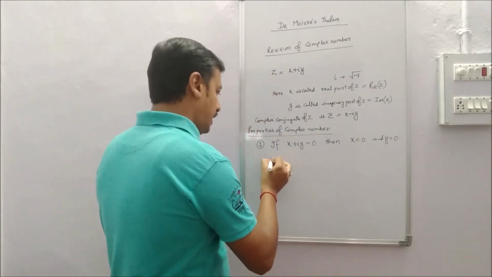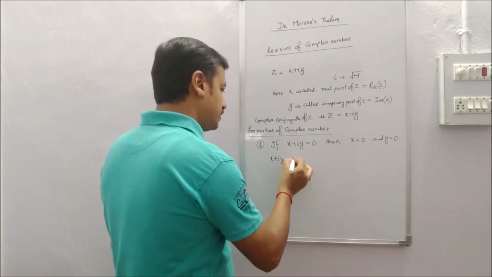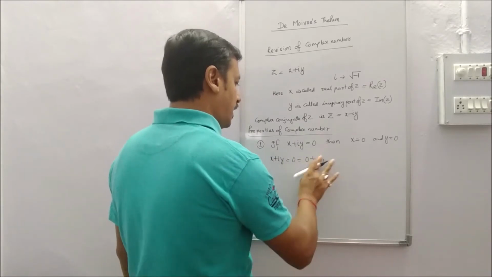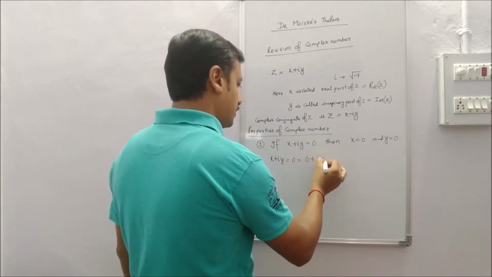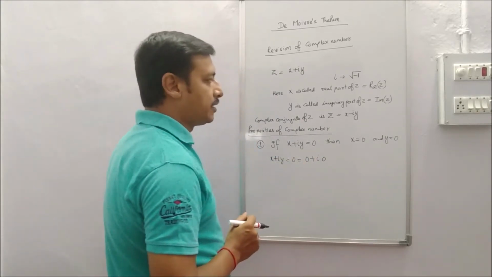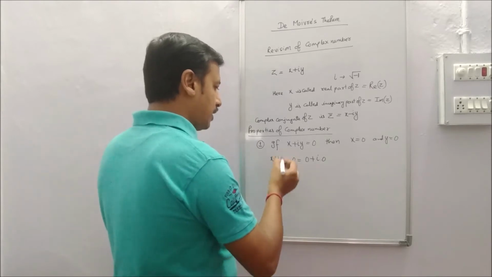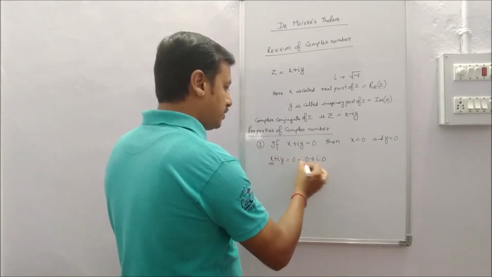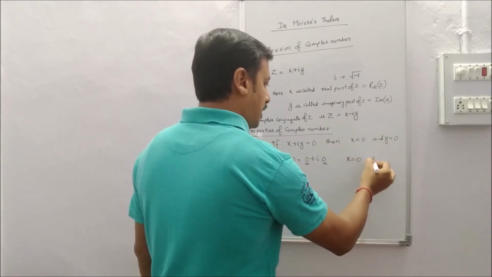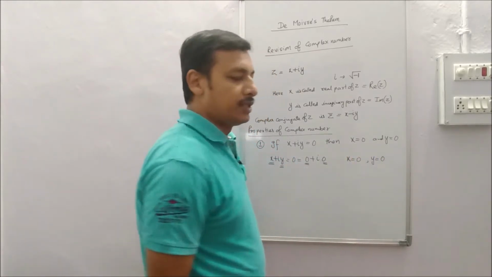How? x plus iy is equal to 0. 0 can be written as 0 plus 0 into i. Now comparing the real and imaginary parts on both sides, x is equal to 0 and y is equal to 0.